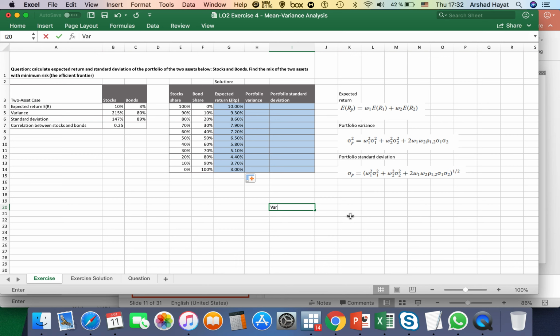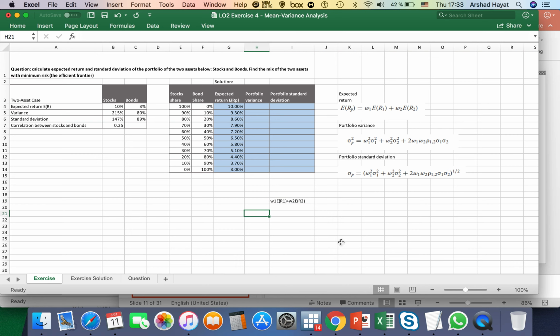Our portfolio is now W1 ER1 plus W2 ER2. This is what we calculated for the portfolio.